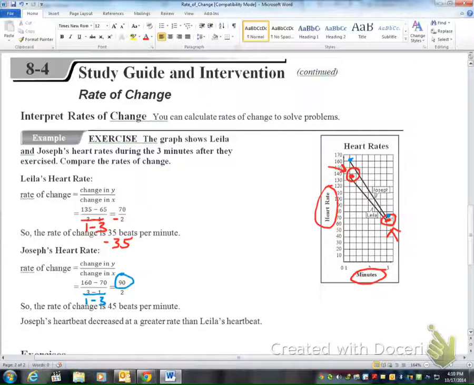So 1 minus 3 gives us negative 2, which gives us negative 45 as a change, because his heart rate is decreasing by 45 beats per minute from the first minute to the third minute during the first 3 minutes after exercise. So Joseph's heartbeat decreased at a greater rate than Layla's heartbeat, because his was decreasing by 45 beats a minute, whereas Layla's was decreasing at only 35 beats per minute.